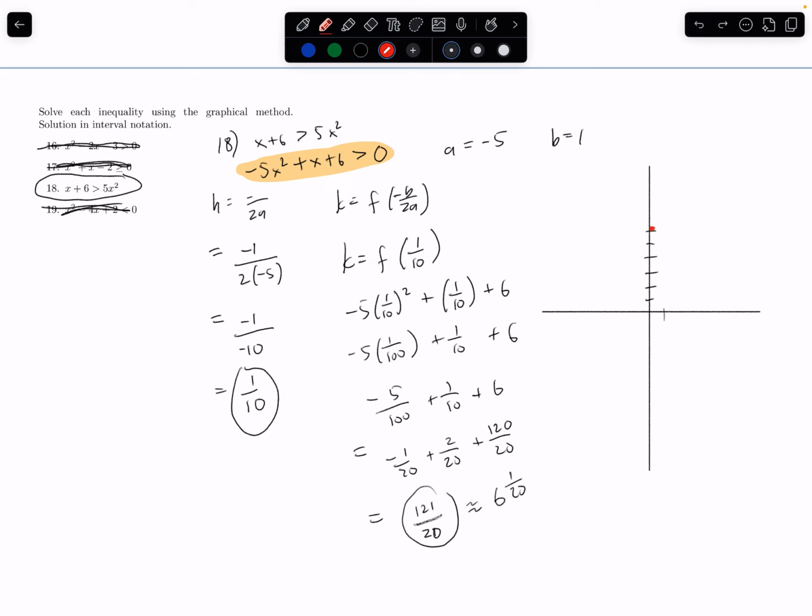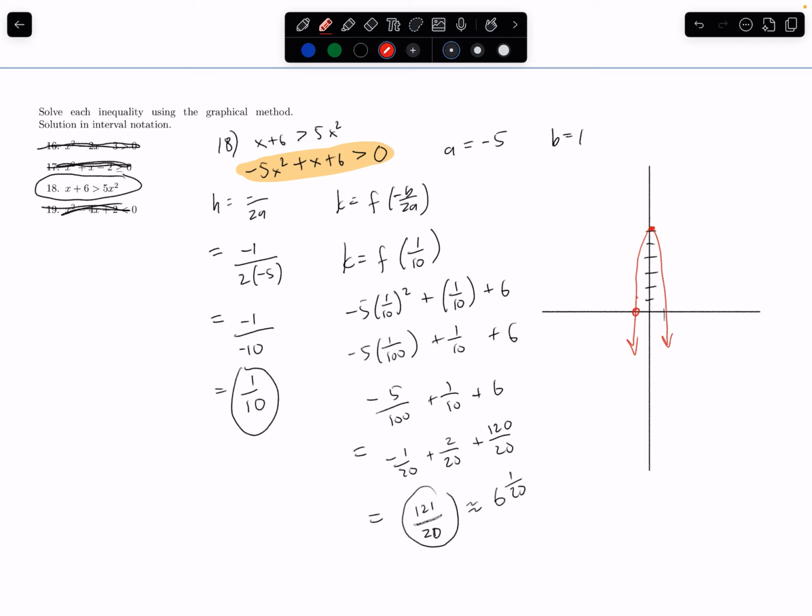Then it's going to go left 1, down 5 from there, so it's just slightly above this, something like that. That's the general picture.